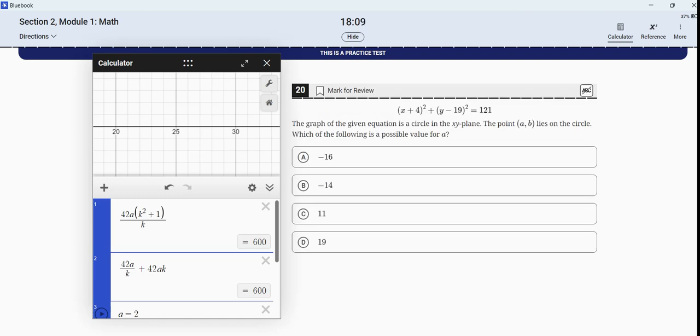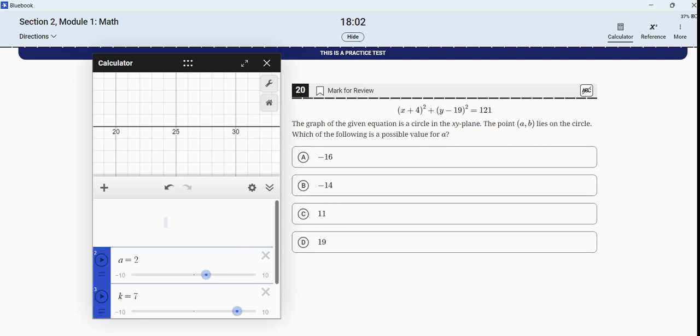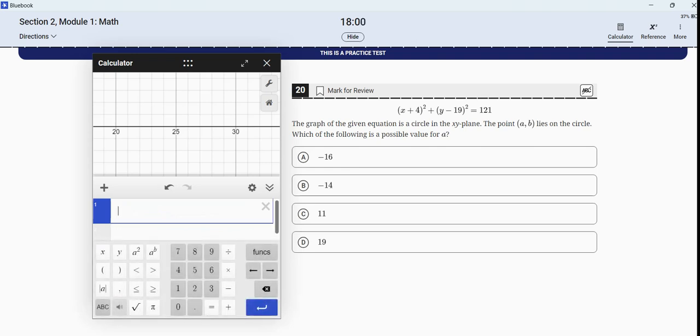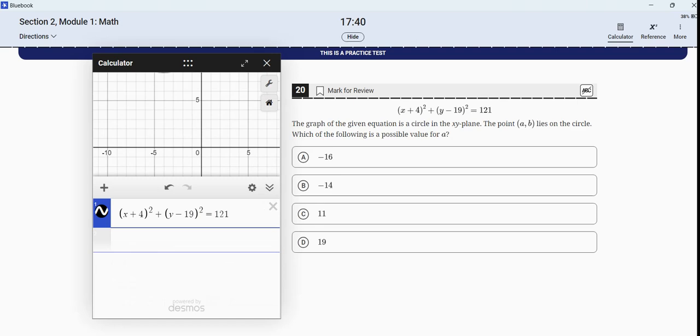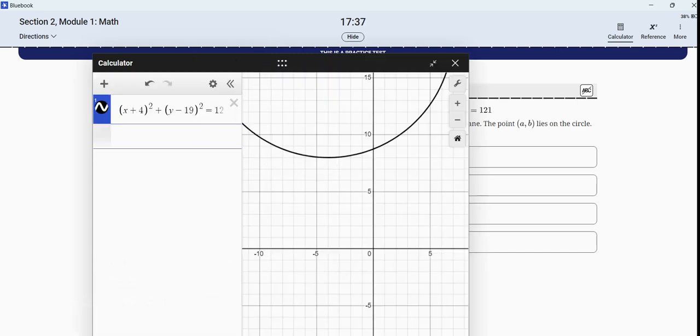The graph of the given equation is a circle in the xy plane. The point (a, b) lies on the circle. Which of the following is a possible value for a? So instead of completing the square and finding everything, or plugging it in, what we can do is just graph it on Desmos.